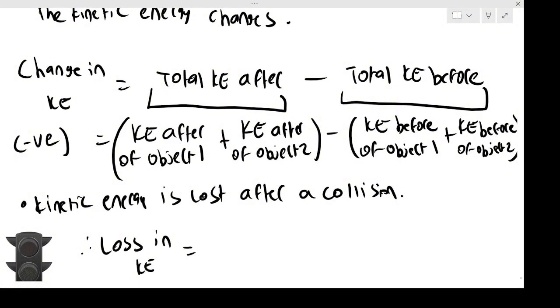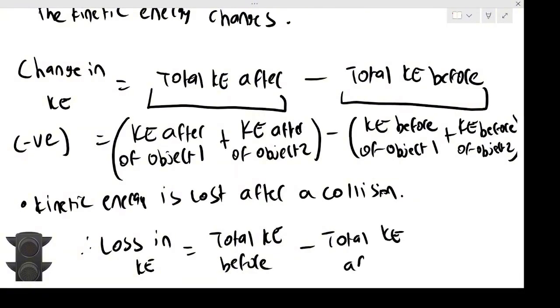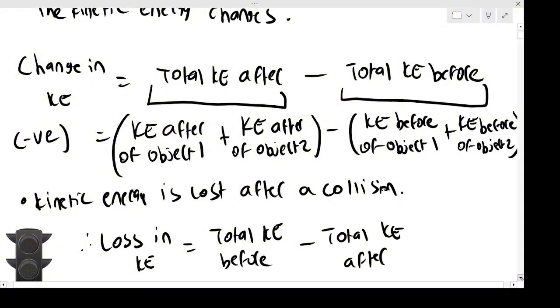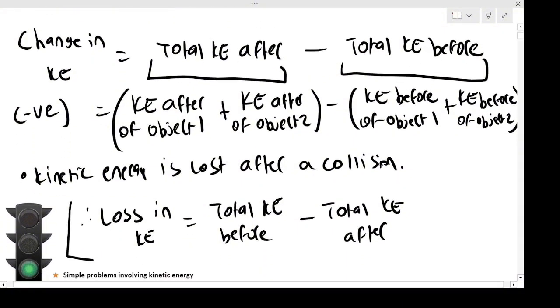If we make it positive, because the loss in energy is just a physical number, we don't care about the negative. The actual loss is going to be the total kinetic energy before, take away the total kinetic energy after. And so we're going to be using this sort of formula here.